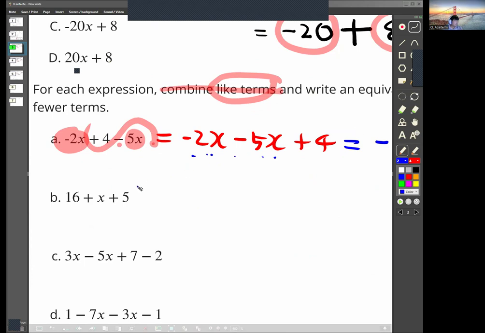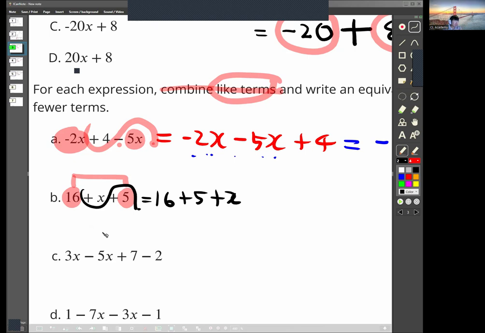Now B, there are like terms. There's a number, which is a constant. There's another number, also a constant. So these constants, I can add. 16 plus 5 plus x. Why can I swap it? By the commutative property. You can add anything first.